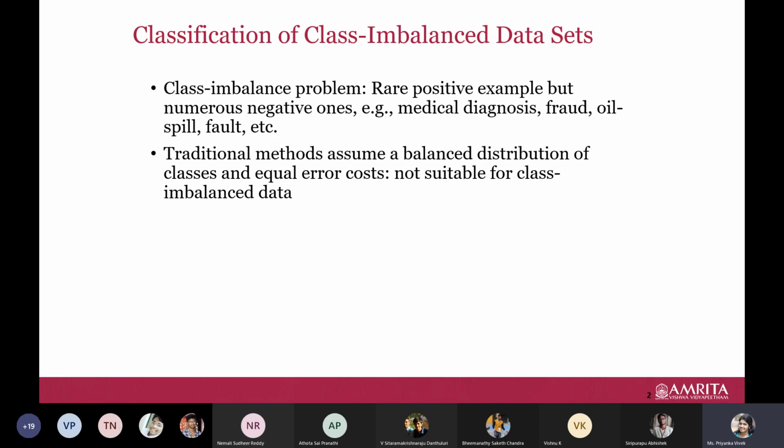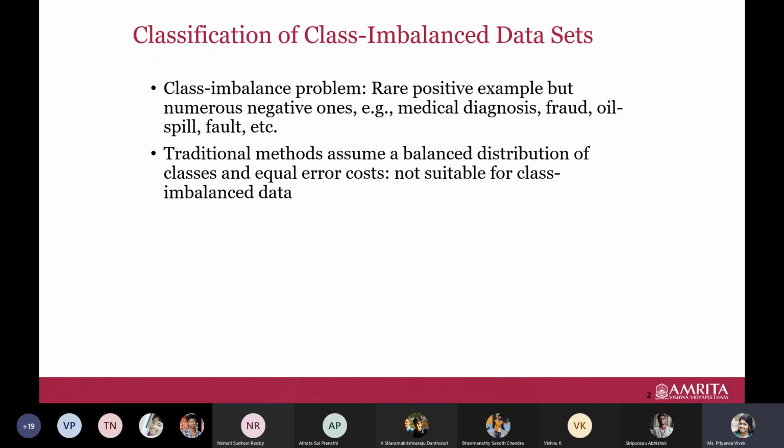So usually in medical diagnosis, you may have this. Or say, for example, you have fraud detection. There are normal actions out of which very few would be fraudulent transactions or connections, etc. Or say some network connections and there is an attack.